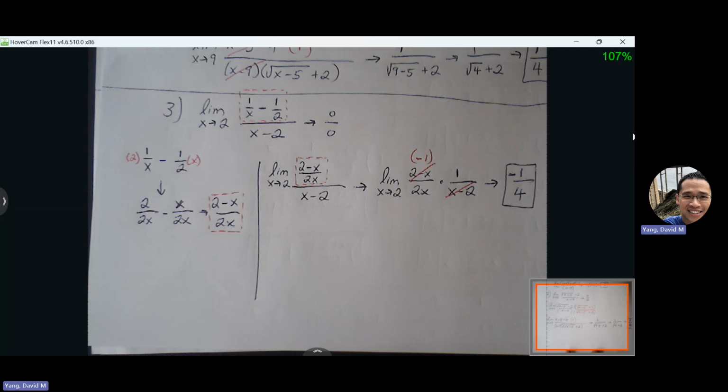All right, number 4. Very similar steps as what we did before with continuity condition and solving for k.